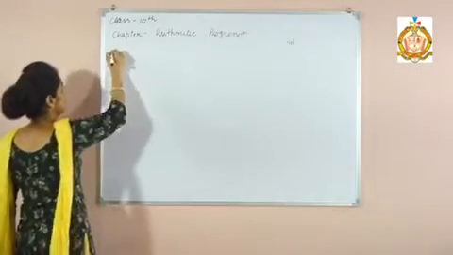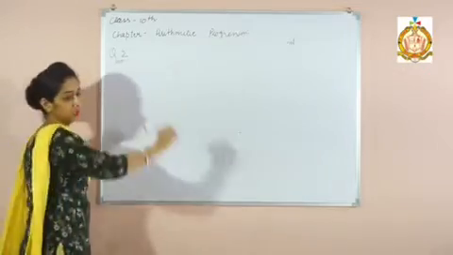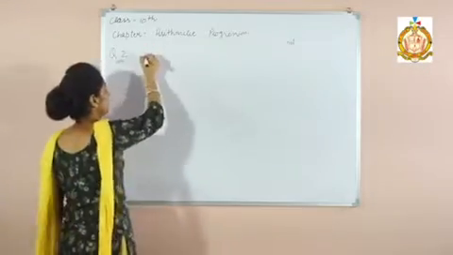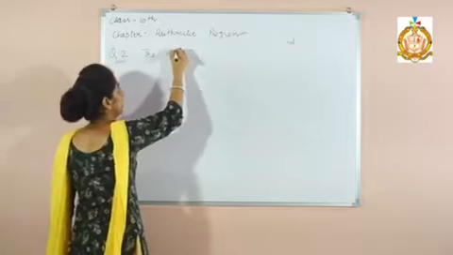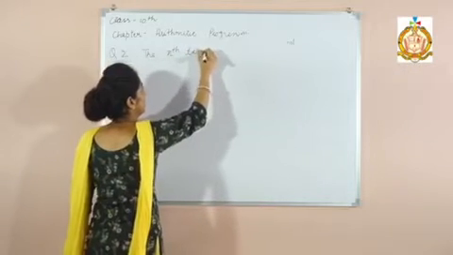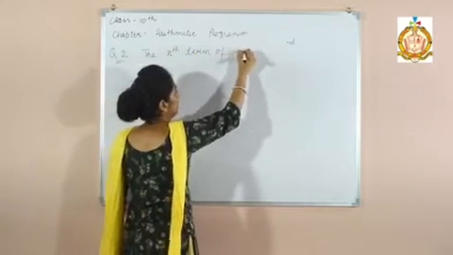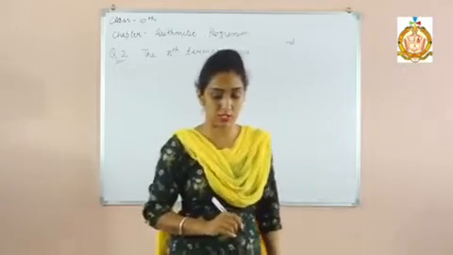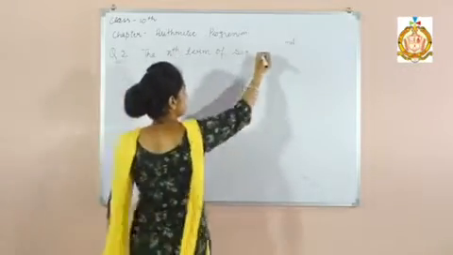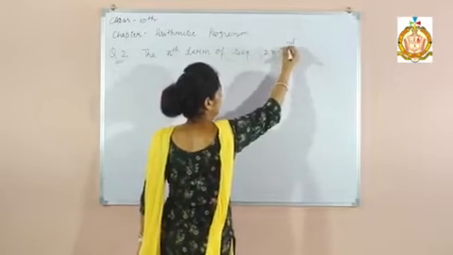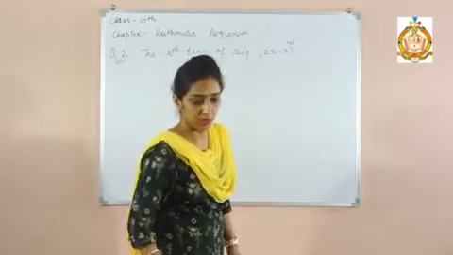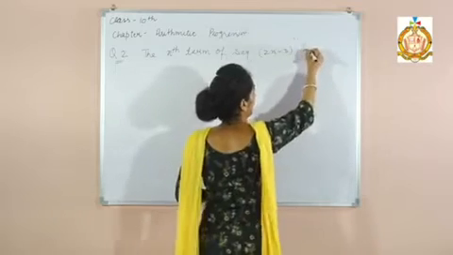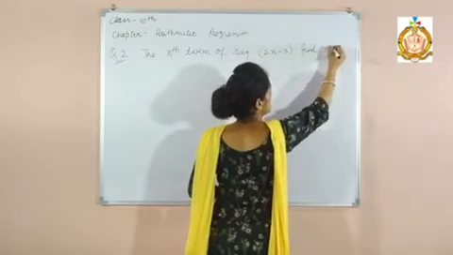See question number 2. The nth term of a sequence is 2n minus 3. Find its 15th term.